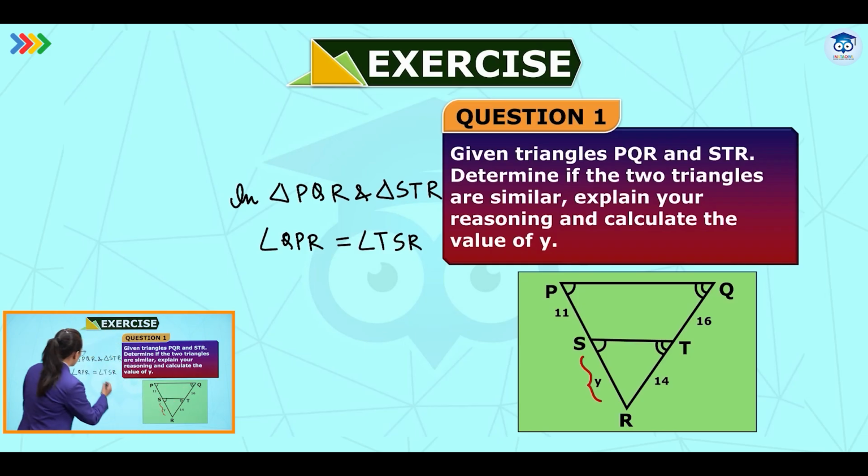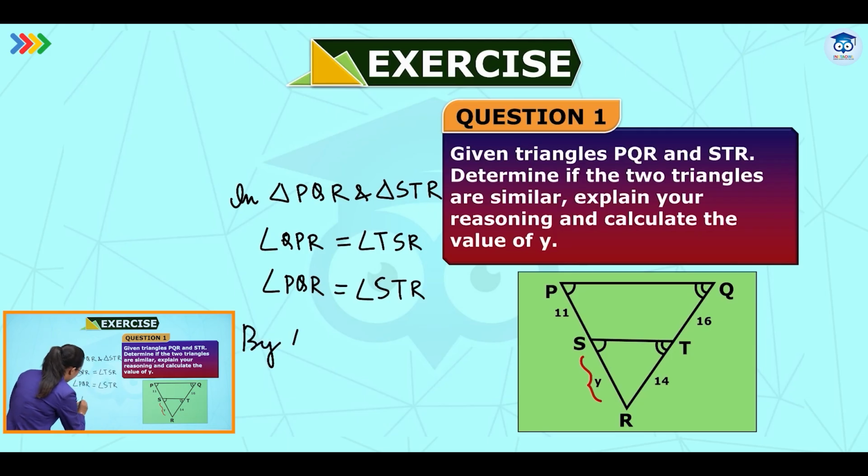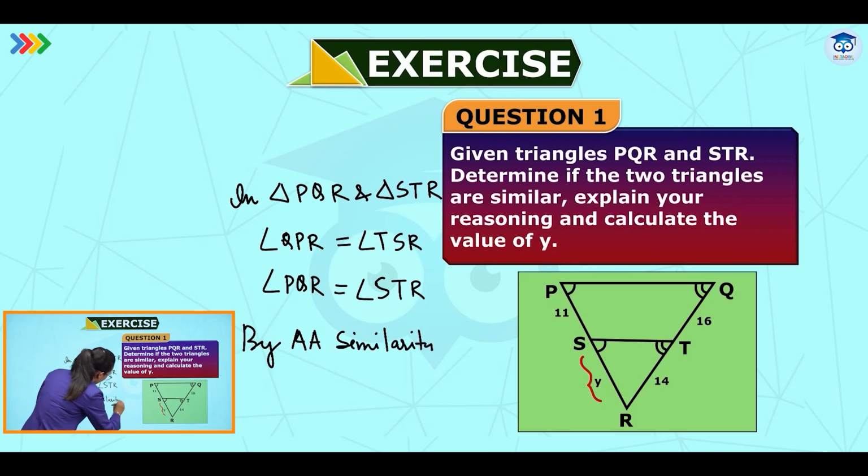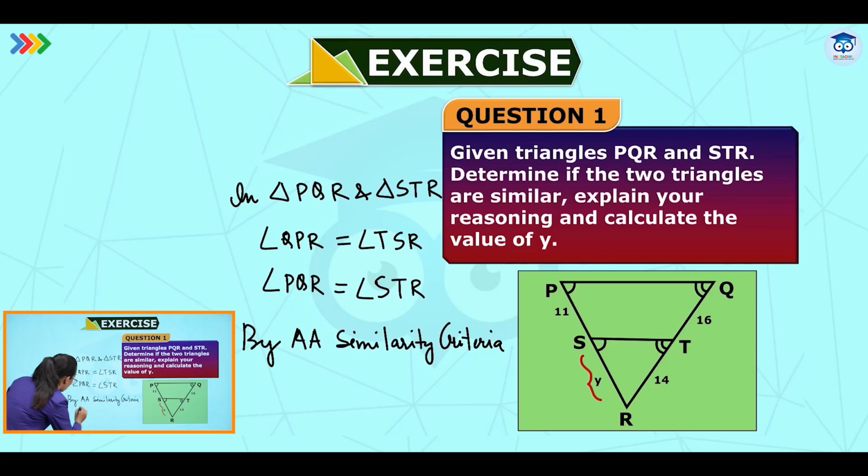So next, this Q and this are equal, so angle PQR is equal to angle STR. So by AA similarity criteria, we have these two triangles are similar.